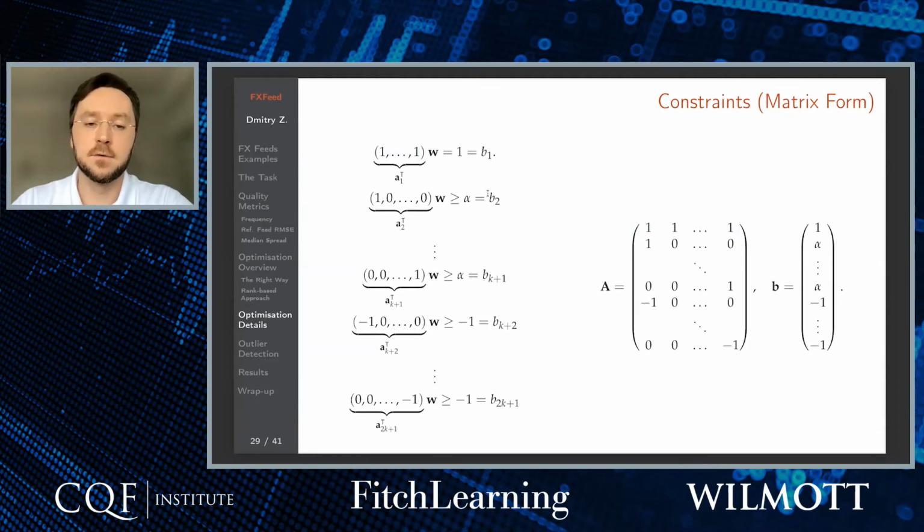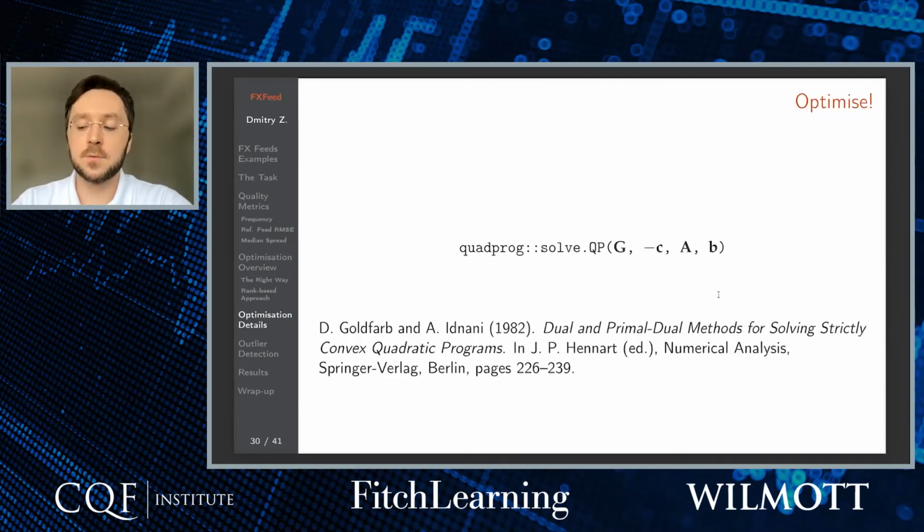And the values of the constraints are arranged into vector B. And that's it, really, because then all we have to do is to feed those values to a solver. And we used a solver from our package called Quant proc, which implements a method described in an article called Dual and Primal-Dual Methods for Solving Strictly Convex Quadratic Programs.